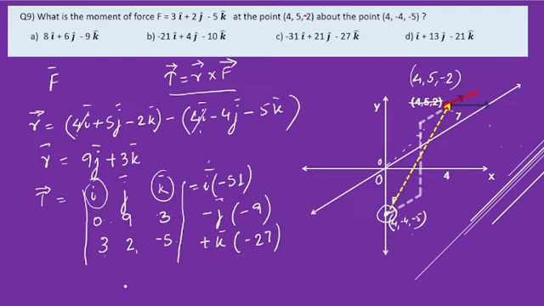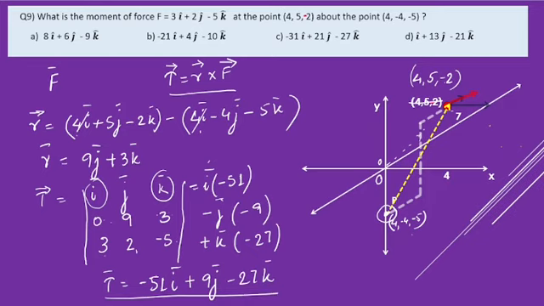So the answer is tau equals minus 51i plus 9j minus 27k. This is the answer for torque.